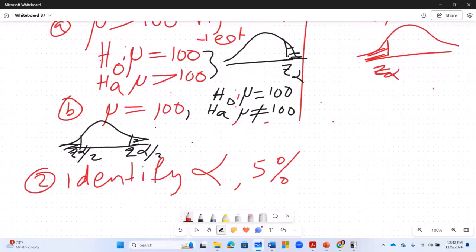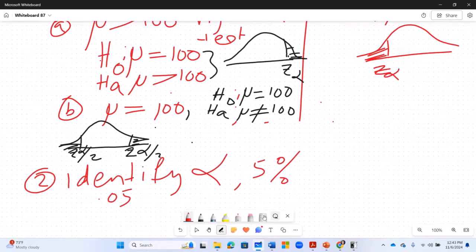If my alpha is 0.05 and I am doing a one-tail left test, then I'll find the critical value for alpha to the left. If my alpha is 0.05, one tail to the right, then I'll find the critical value alpha to the right. If I have alpha of 5% and I'm doing a two-tail test, I divide alpha by 2.